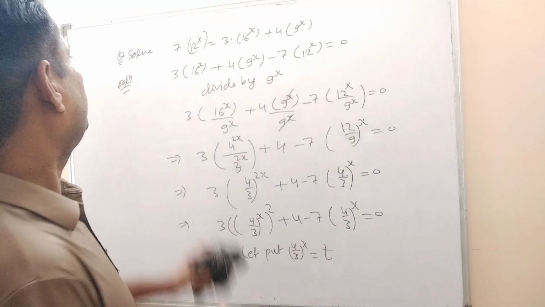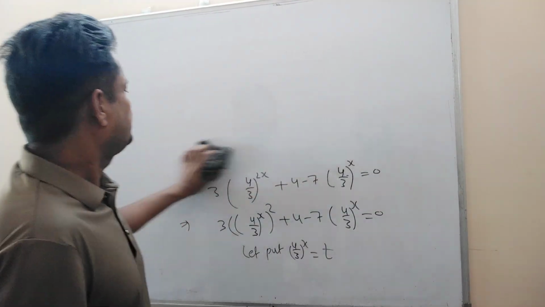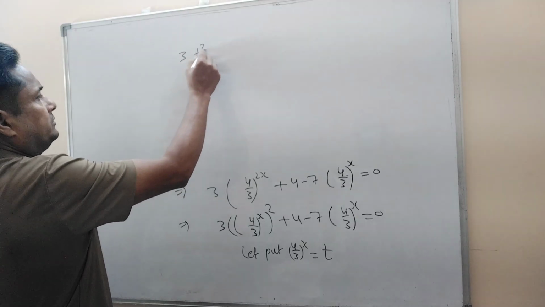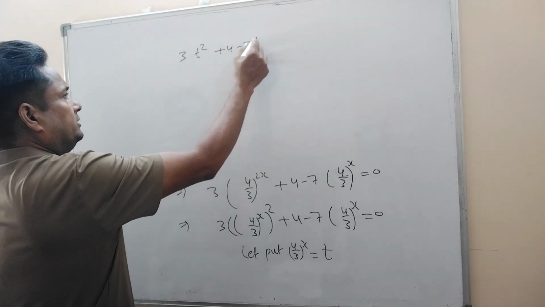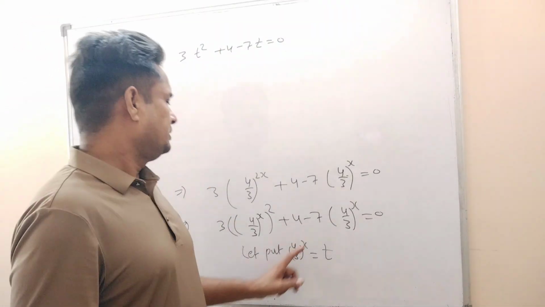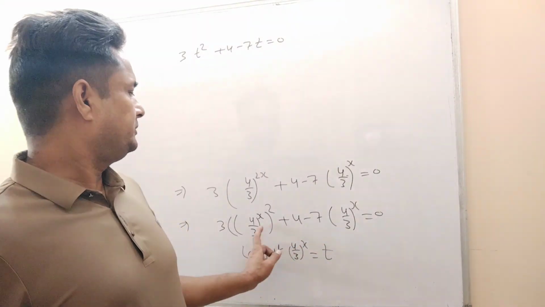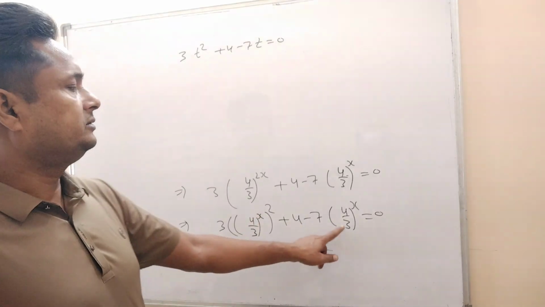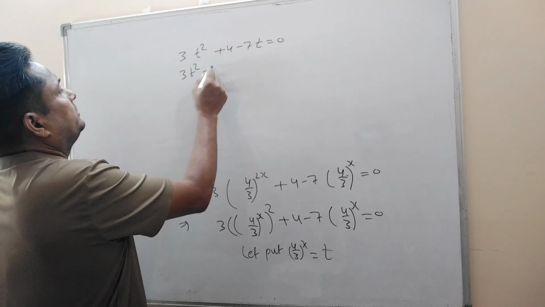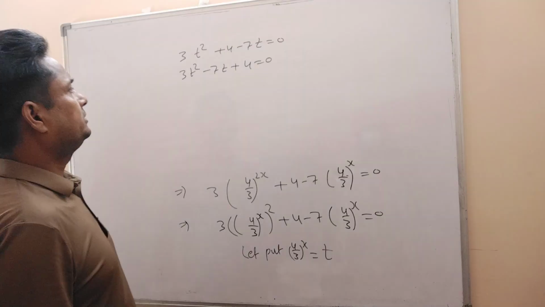So this equation can be written as 3t square plus 4 minus 7t is equal to 0. If you substitute 4 by 3 to the power x is equal to t, this will be t square, this will be t. Now solve this one. So this is how much? 3t square minus 7t plus 4 is equal to how much?